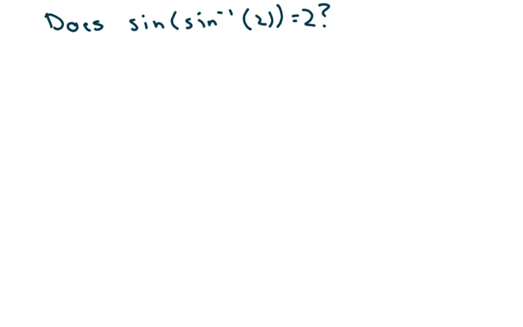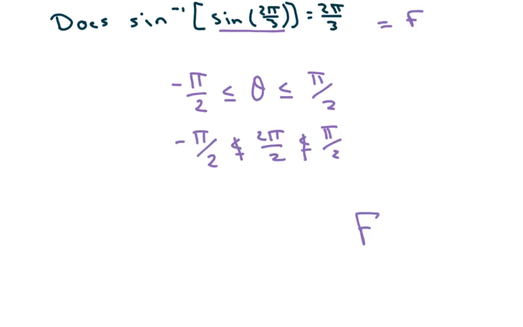Now this one, we're going to look at the inner function. This is our x, so our inner function should be in between negative 1 and 1. So we're looking at the inverse.